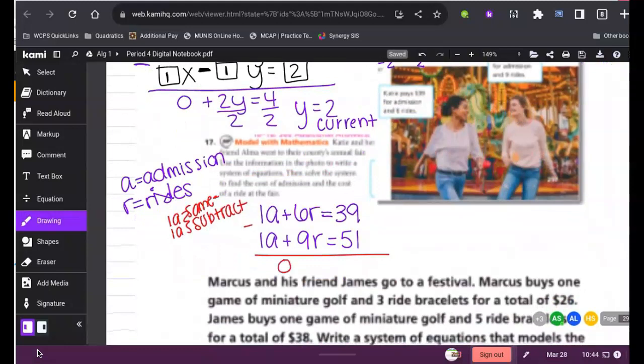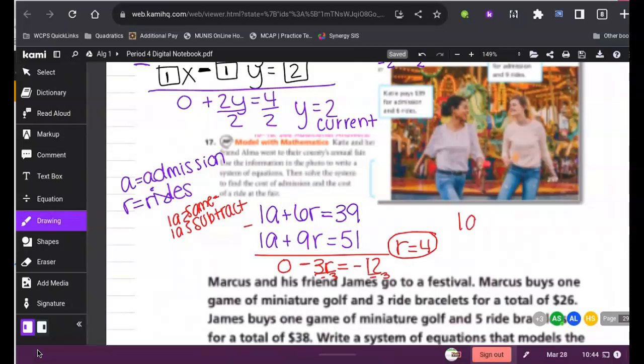They eliminate. 6 minus 9 is equal to negative 3R. And then 39 minus 51, put that into the calculator, is equal to negative 12. Then I divide both sides by negative 3, and R is equal to 4. So that's the number of rides that each of the girls got on.